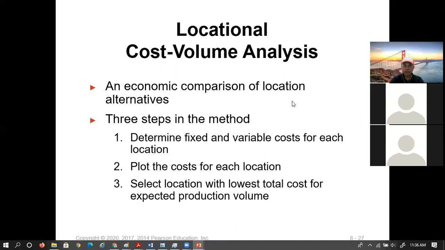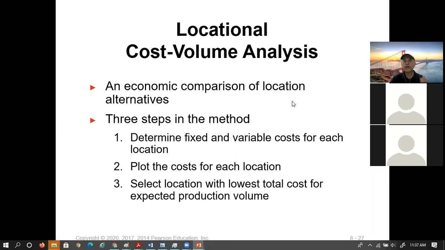Let's start again. The second method of allocation decision is cost volume analysis. Maybe we have understood the cost volume analysis that we studied last time in the process strategies.